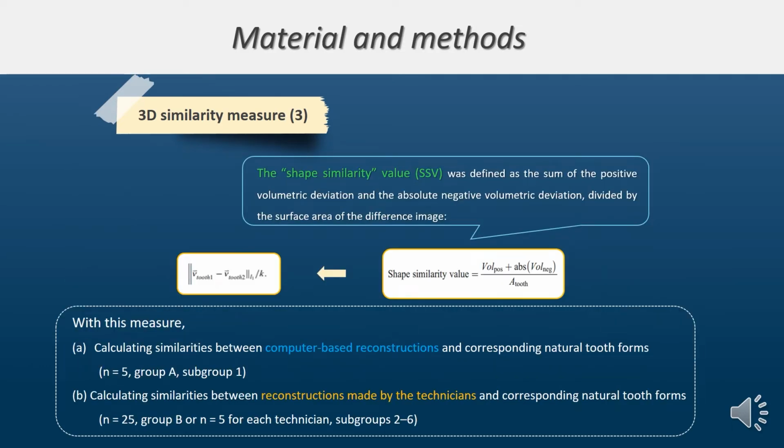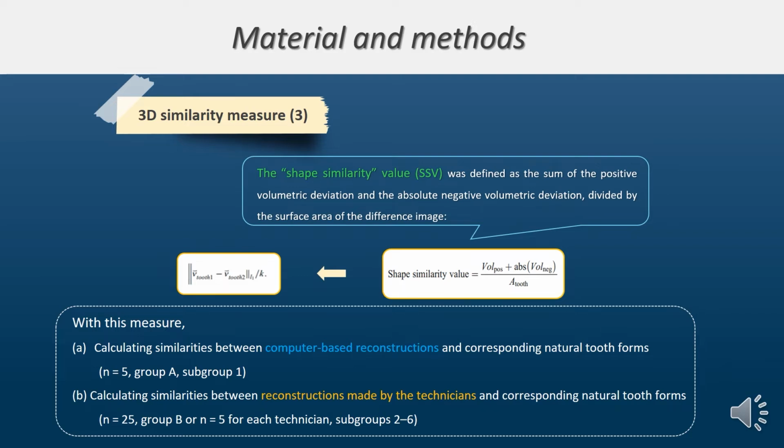To measure 3D similarity, the shape similarity value was calculated, which is the sum of the positive volumetric deviation and the absolute negative volumetric deviation divided by the surface area of the difference image. In mathematical theory, this value corresponds to an L1 distance metric in k-dimensional vector space.